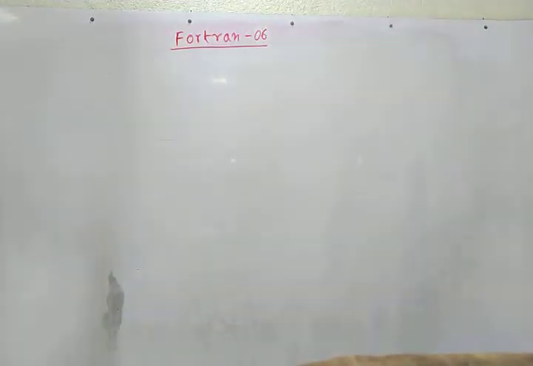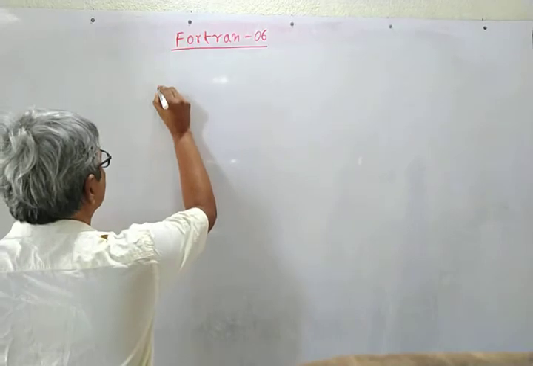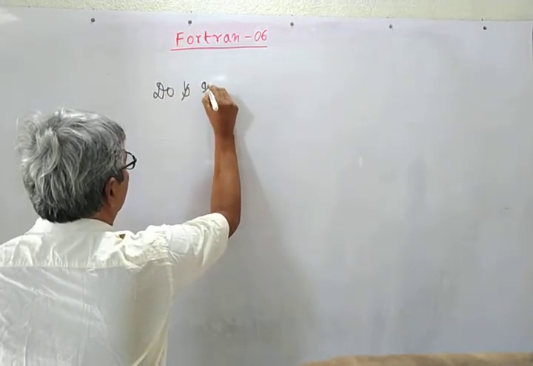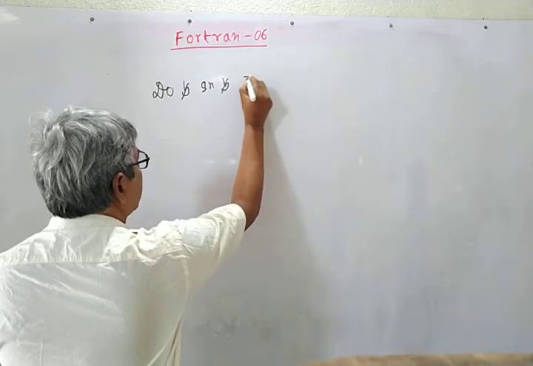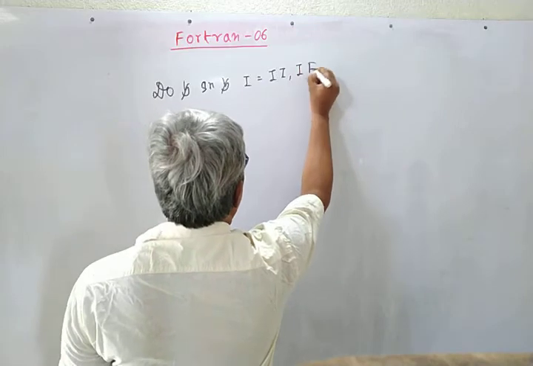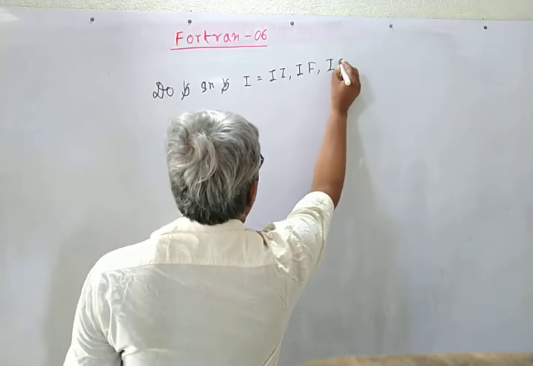In the last class we introduced the do loops and stated that the general structure of a do loop is: do, statement number, dummy variable I, its initial value, its final value, and its step.